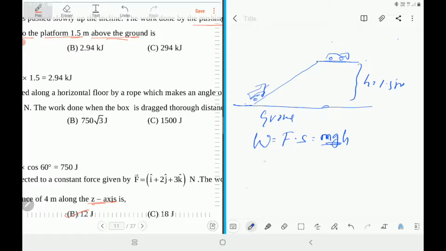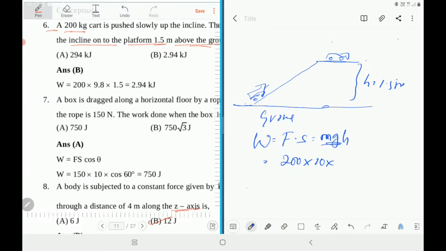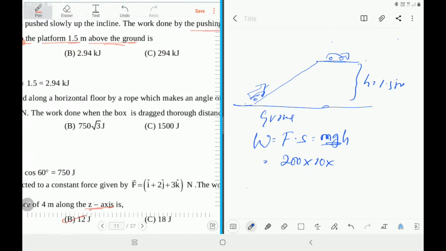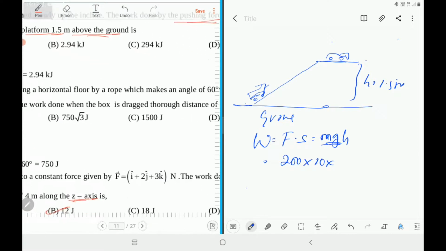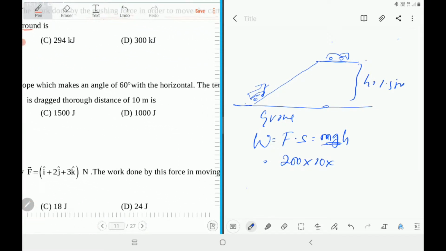This work energy theorem is very easy. Cart mass is 200 kg and acceleration due to gravity, let's take 10. Even if it is mentioned as 9.8, let's try with 10 so that you can see some approximated value. See here 294, 2.94, 294 kilojoule. This is kilojoule, and this is 300 kilojoule. Sufficient difference between the options.